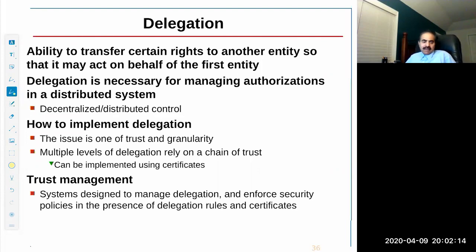RBAC was developed in the 80s, and for many years nobody used it, but now it is fairly widely used, and this came about only in the last 10 or 15 years, although RBAC has been around for maybe 30 or more years. Delegation and trust management are a topic of research now, and I see that coming into play in the next 10, 20 years.